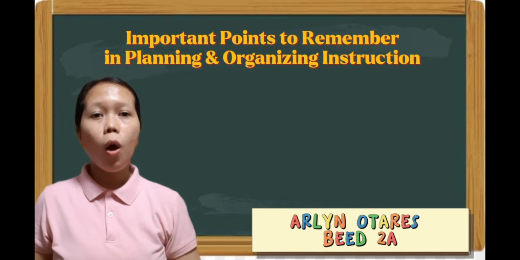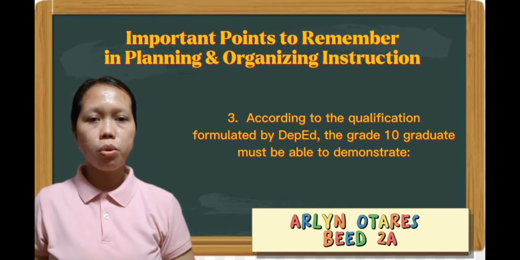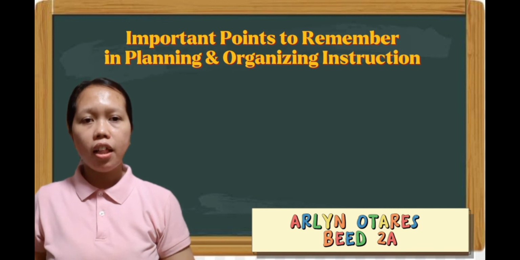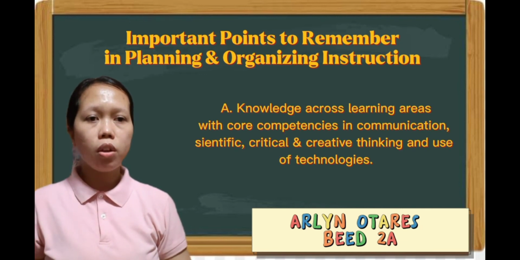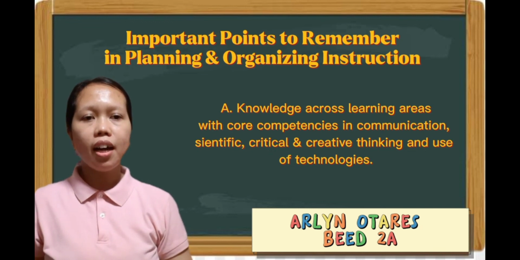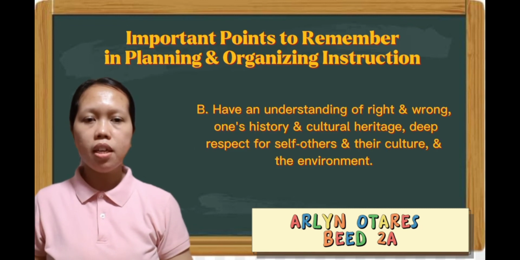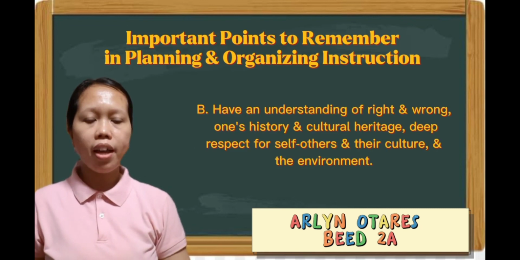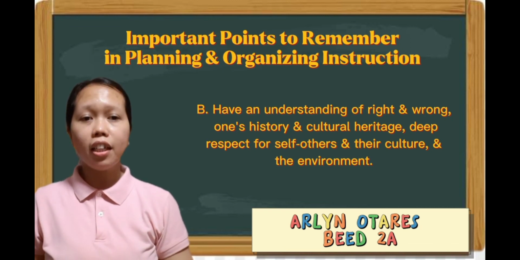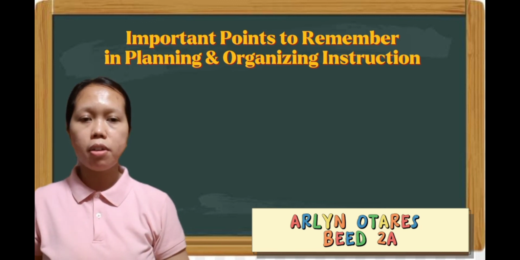Number 3, according to the qualifications formulated by DepEd, the Grade 10 graduate must be able to demonstrate: A. Knowledge across learning areas with core competencies in communication, scientific, critical, and creative thinking, and the use of technologies. B. An understanding of right and wrong, one's history and cultural heritage, deep respect for self, others, and their culture and the environment.